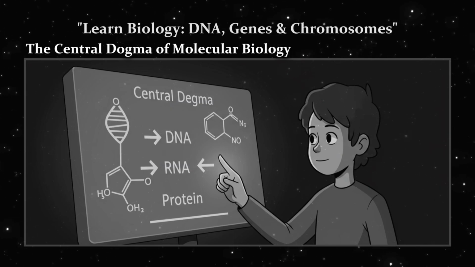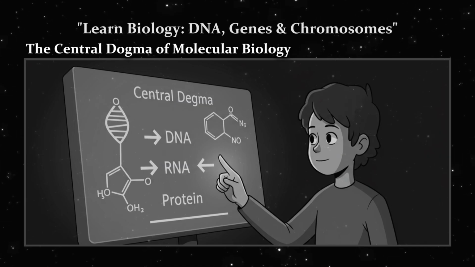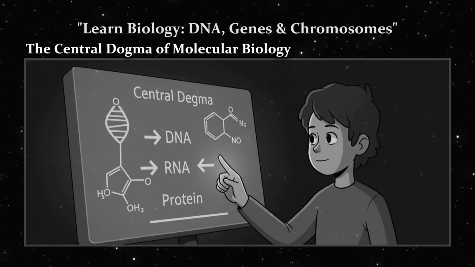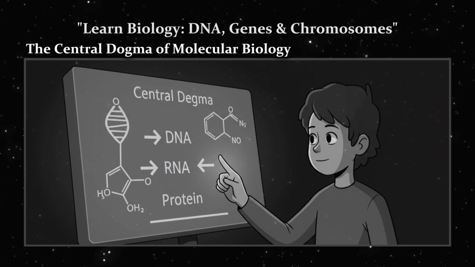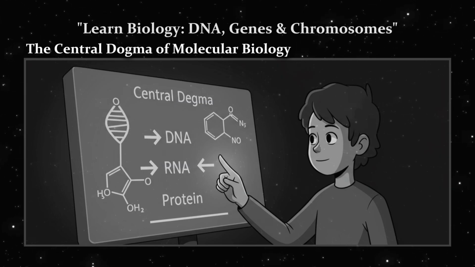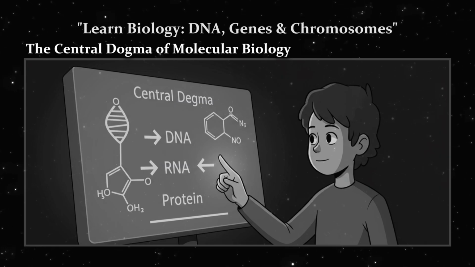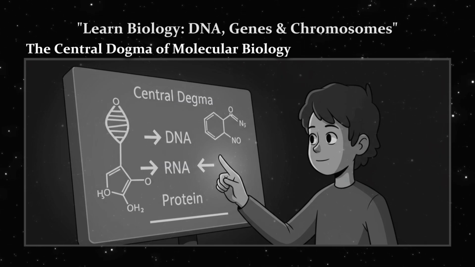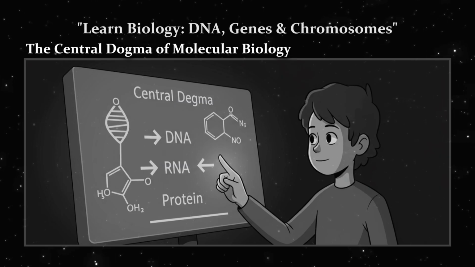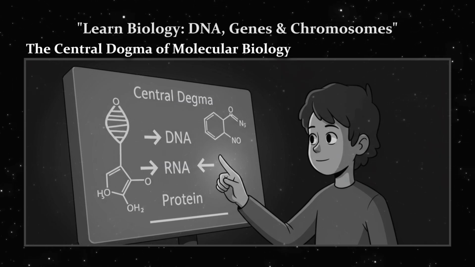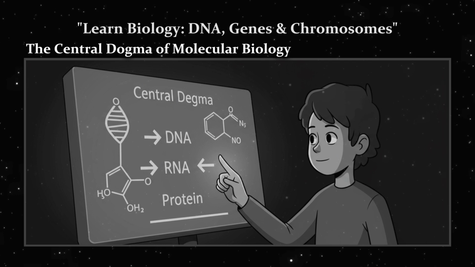To make this flow feel more tangible, let us use a clear analogy. Imagine a vast, ancient, and priceless library. This library represents the nucleus of your cell. In the very center of this library, in a protected, climate-controlled vault, is the master reference collection. This collection is your DNA.